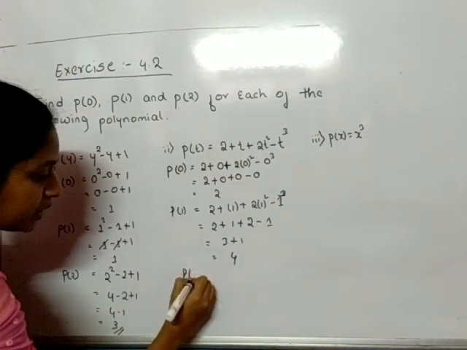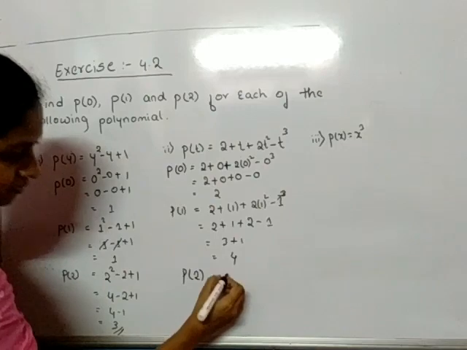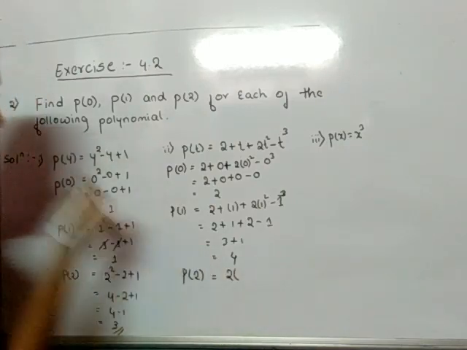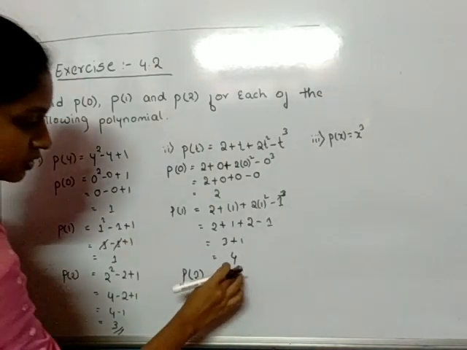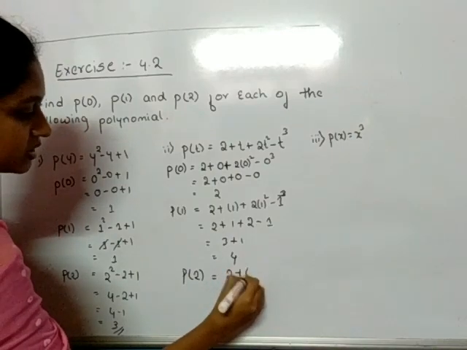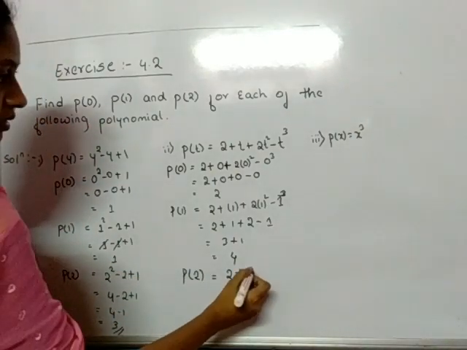Then for P of 2 we'll check. Sorry, it's not 2 into, it is 2 plus t.